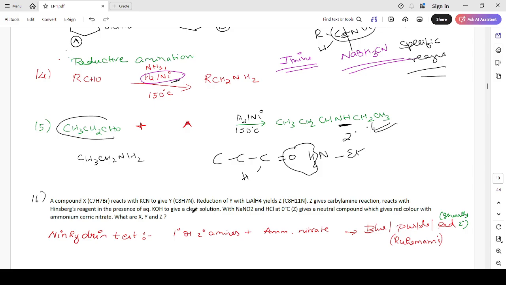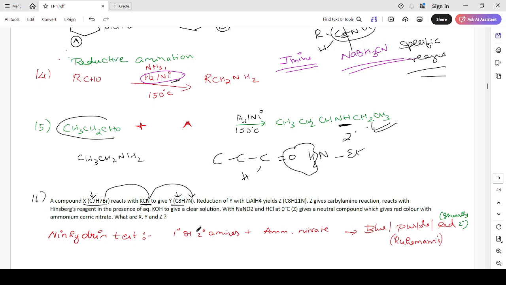Let's go for a statement-based question now. There is a compound X which reacts with KCN to form Y. So I understand yes, Br has got replaced by CN, nucleophilic substitution. So that nitrogen is there, and you can see there is an increase in carbon number. From C7 it became C8.